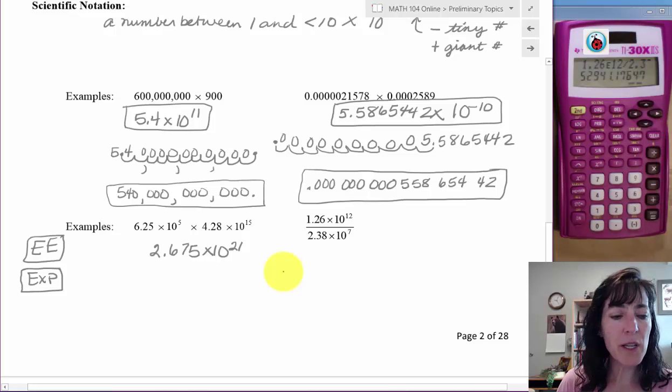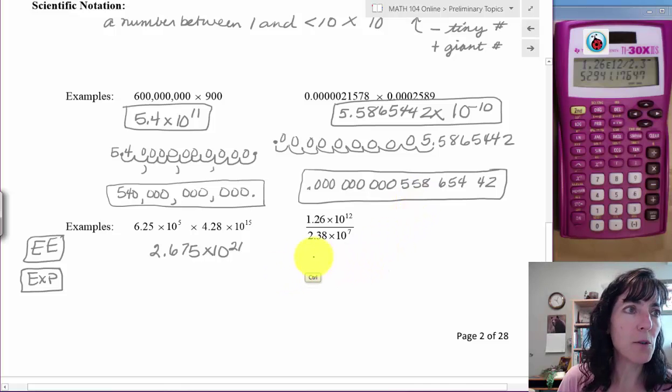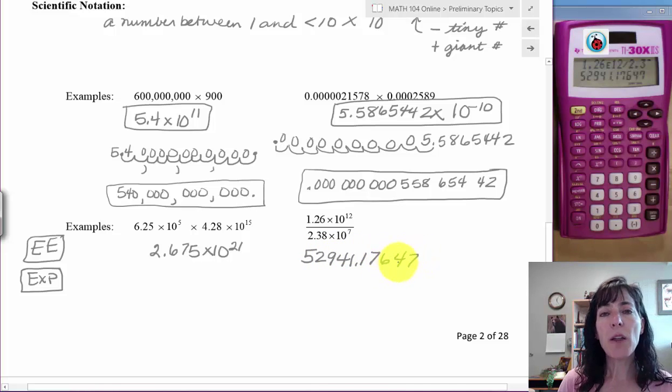This one didn't convert to scientific notation. So it came to 52941.17647. And the reason it didn't give me scientific notation is because there weren't enough values in front of the decimal place for it to even worry about it. But we can convert it.